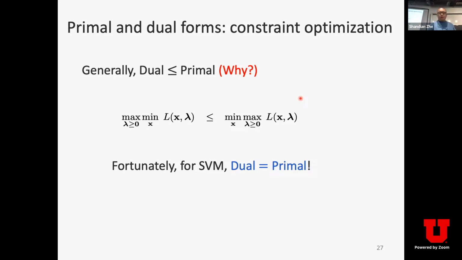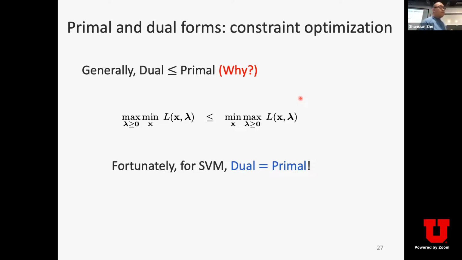Okay. So the reason why the dual form of SVM is equivalent to the primal form is mainly because the objective function is convex, and also the feasible region is convex in that it has at least one interior point. That's why you can have such a conclusion, but it doesn't matter.